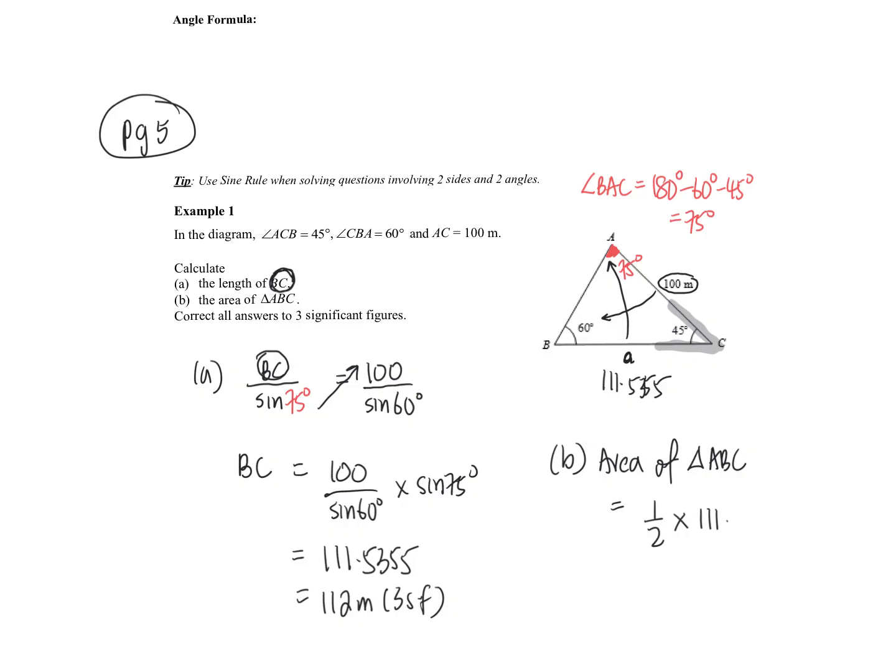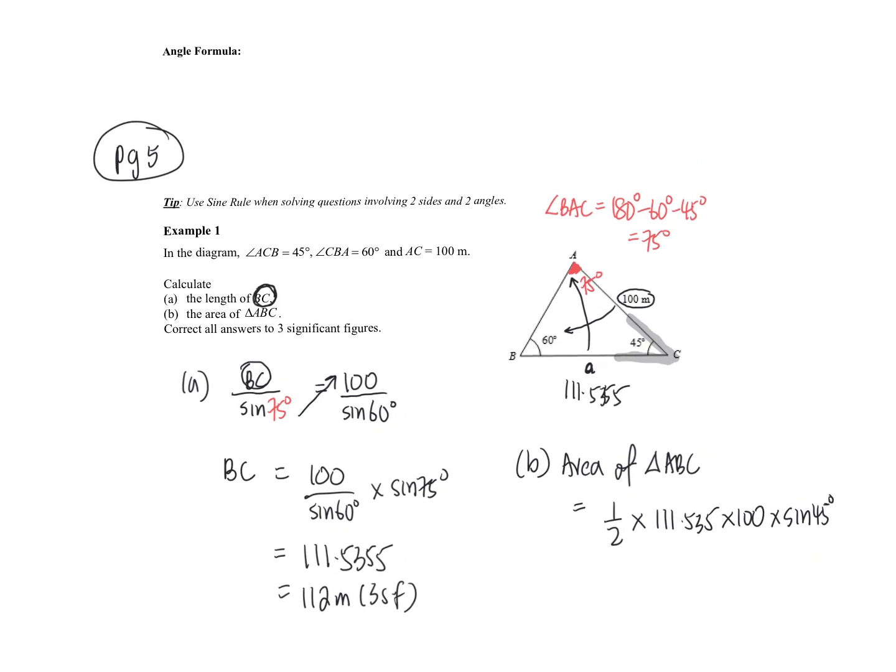Okay, so 111.535 times 100 times sine of the angle between them. So the moment you know your area of triangle formula, then finding area of triangle is very simple. You will get a very big number. So 3SF, so 3940. Okay?